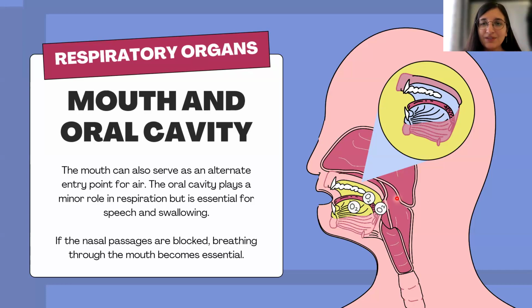Sometimes when your nose is blocked, or it's not easy to breathe through the nose, maybe when you're in the water and you come up, the first thing you do is breathe through your mouth. So that's also necessary for your survival.